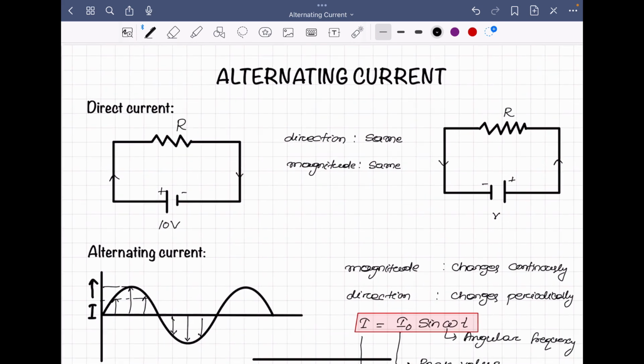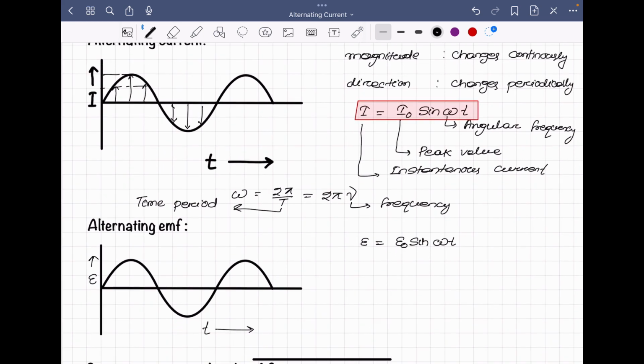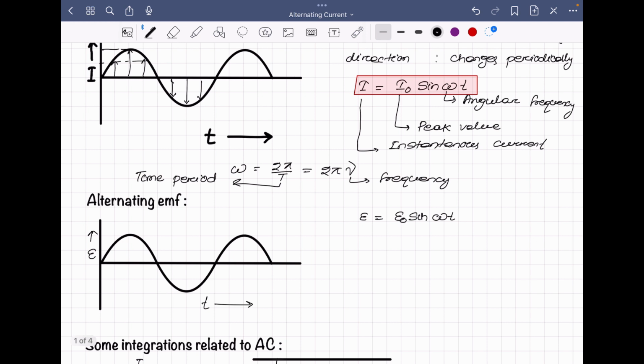In direct current, if we take the battery as 10 volt, then it gives always 10 volt. But in case of alternating current we can get different values of potential. If we take the maximum value of EMF as 10 volt, then you can get the EMF value from 0 to 10 volt. Here also E is our instantaneous EMF, E naught is our peak value.